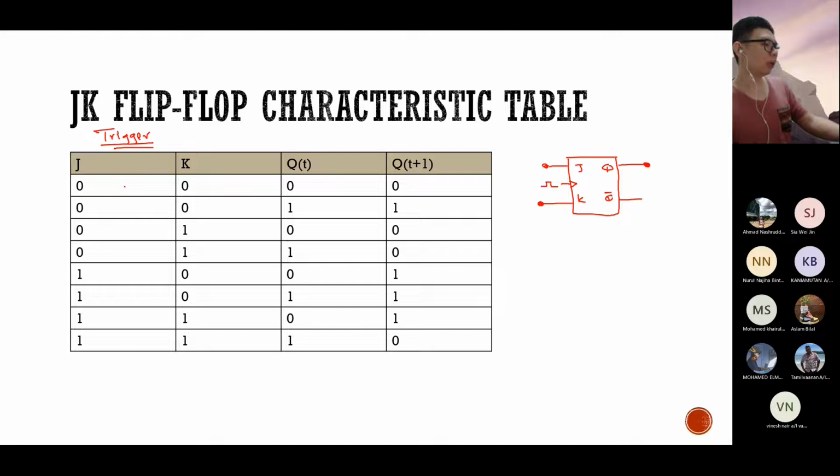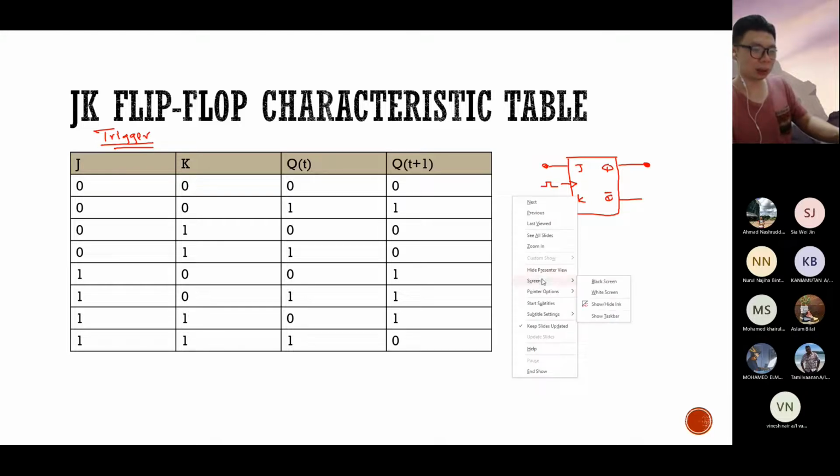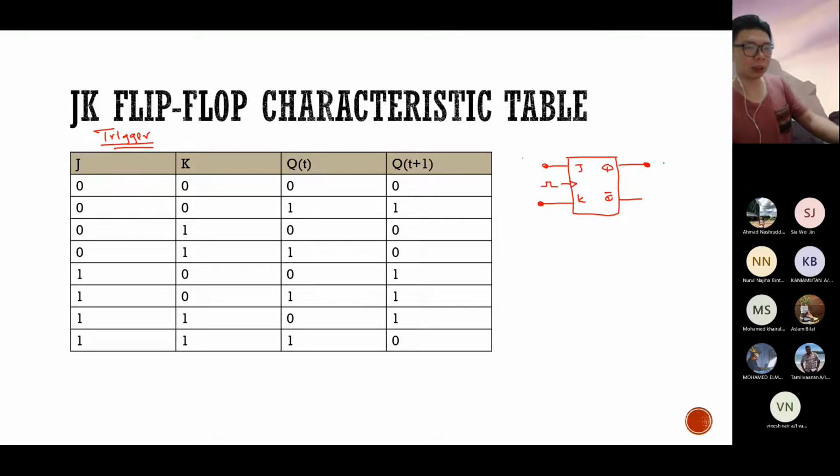So let's assume we give a value of 0, 0. For any flip-flop, we have to have the initial output. So we are going to assume the initial output is 0, like that. Let me just change this pen color so that it's clear. We are going to assume that the initial output is 0.